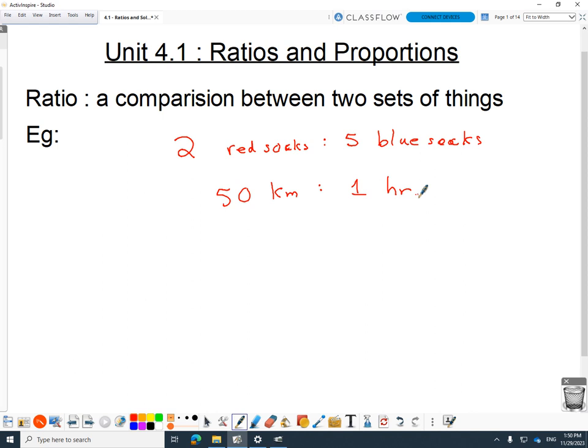I thought sock is spelled with an X. You're not wrong. Socks is normally spelled S-O-C-K-S. For some reason, the Boston Red Sox spell it with an S-O-X. It's not true, this is the proper way.